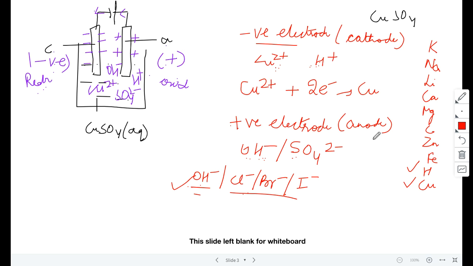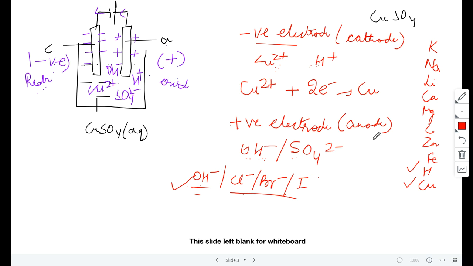So in the electrolyte, for the negative electrode, you can explain me in terms of copper ions and hydrogen only.